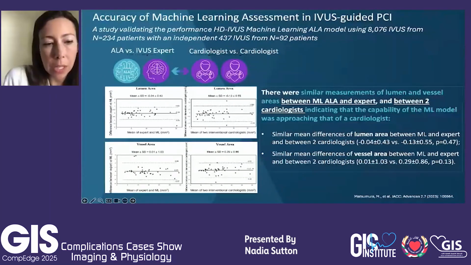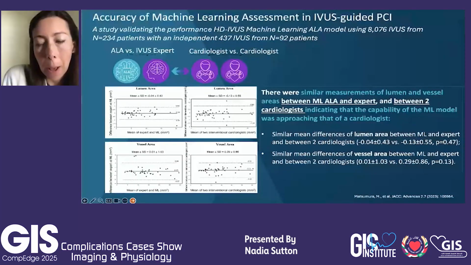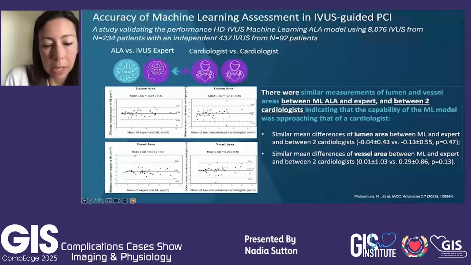This particular study looked at the AI technology versus an IVUS expert, and also compared that to cardiologist to cardiologist. It was interesting that there was actually better correlation between an IVUS expert and the AI technology compared to two different cardiologists comparing the same images.